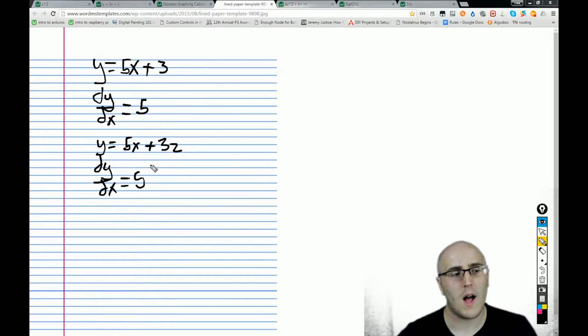Our function y with respect to x is not changing as z changes. It's only changing as x changes. So this 3z is essentially a constant with respect to x. And you'll see this a lot as we go on, but it's important to understand that this right here is talking about the relationship between the function y and changes in x.